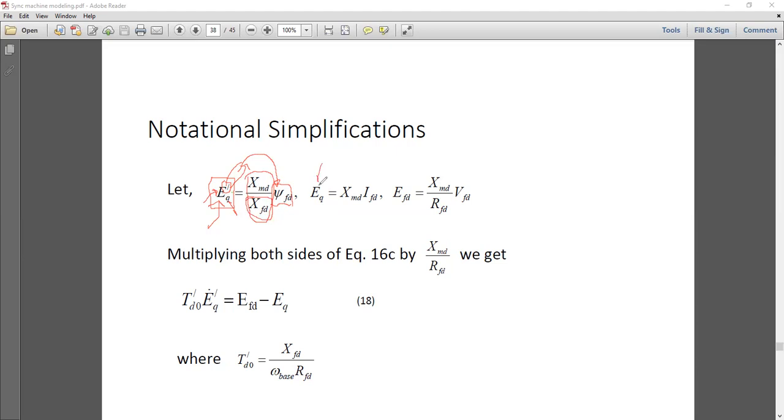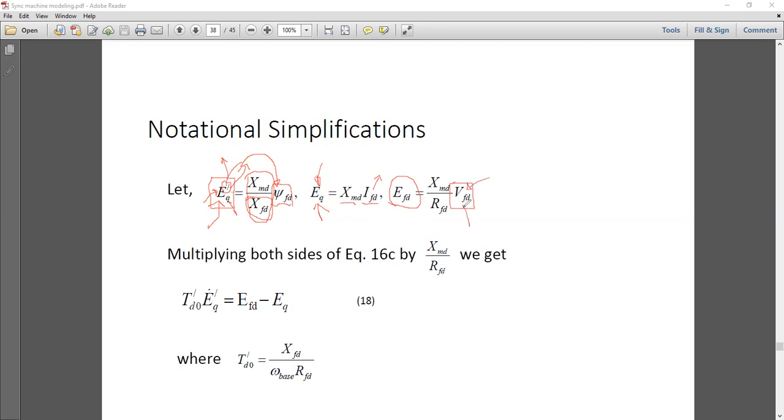What is EQ? If EQ dash is the transient form of voltage along the Q axis, EQ is the steady state form of the voltage along the Q axis, and that is again a function of IFD and XMD. And what is EFD? EFD is a function of the originally applied field voltage.